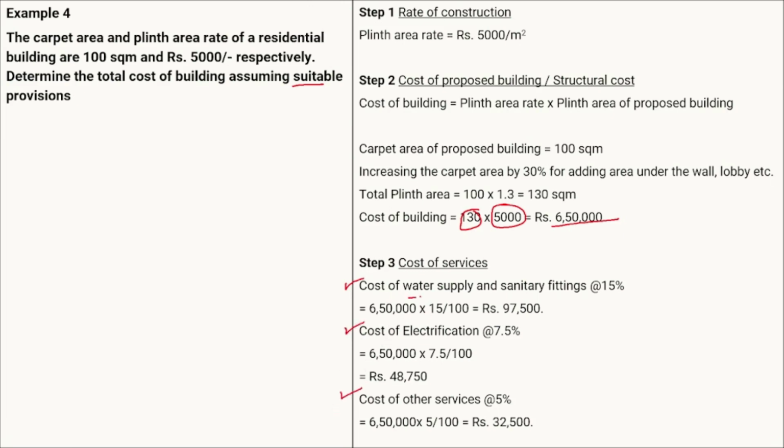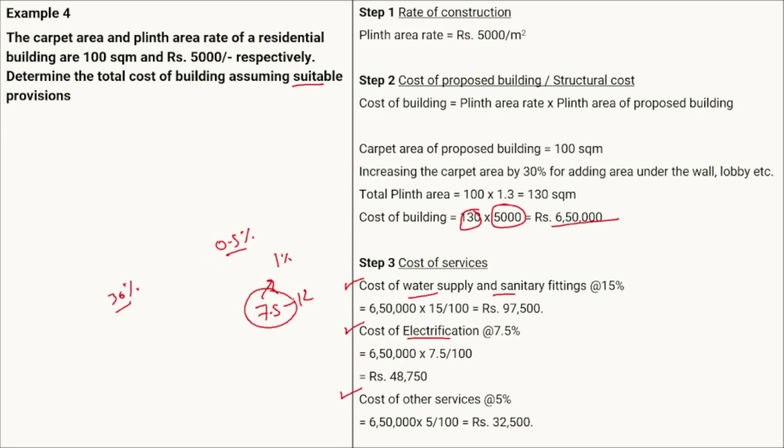Generally for the water supply, sanitary, plumbing, and electrification, each should be taken as 7.5%. There is a range of 7.5 to 12%, but assuming 7.5% will be sufficient, as there is no mention and we have to assume. Just do not assume something like 1% for the electrification, 0.5% for the water supply, or 30% for the sanitary fitting, because obviously the cost will not be that much higher or lower.